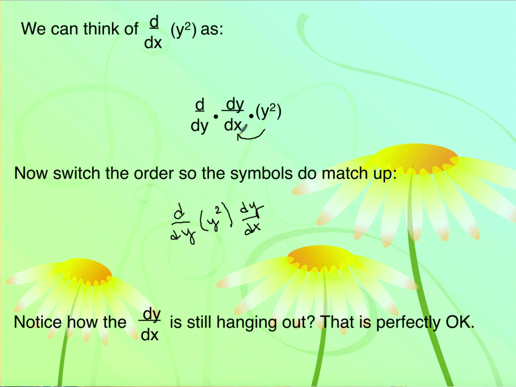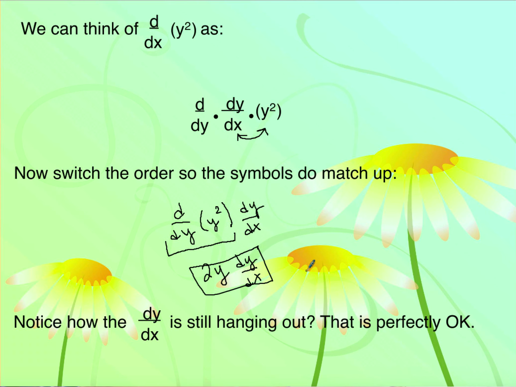Now I'm taking the derivative with respect to y of y squared. And you could say, well, that's just 2y, right? So that's this piece here. So what's left over? Well, it's dy dx. And that's cool. That's how we do implicit differentiation. You just end up with this little leftover dy dx.